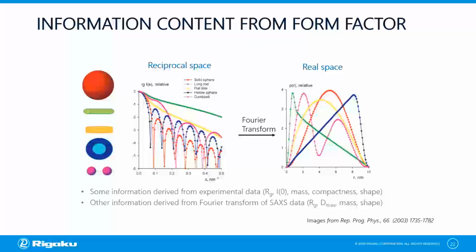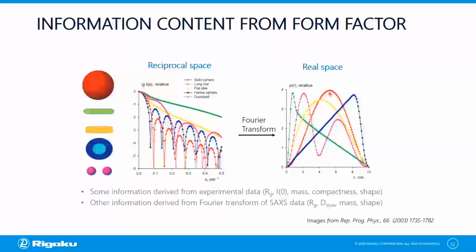And if we take the Fourier transform of this, what we end up with is some real space measures. So we see the frequency of the occurrence of a given distance versus the distance, meaning that for this green line, there is a high incidence of short distances of about 1, and these fall off as you go down the rod.